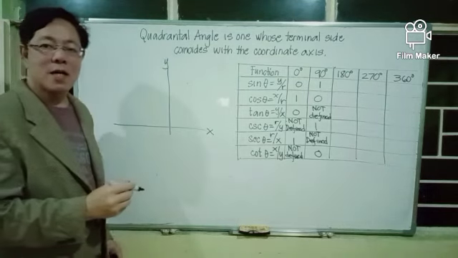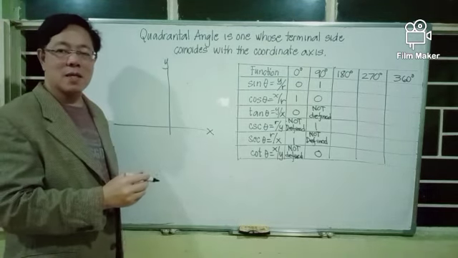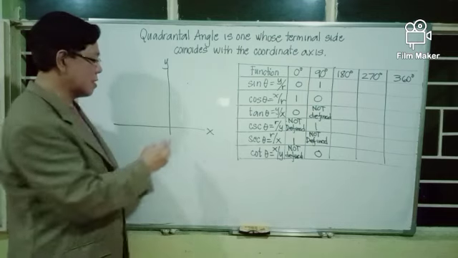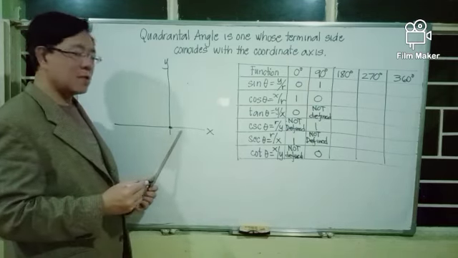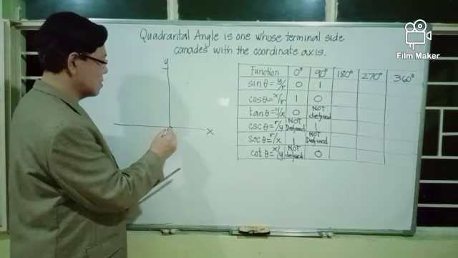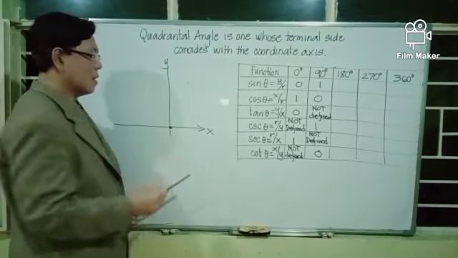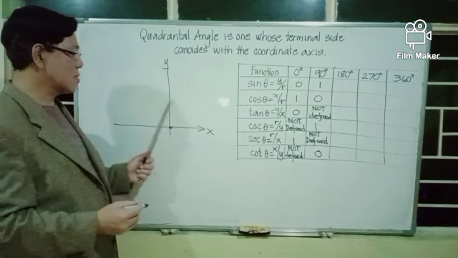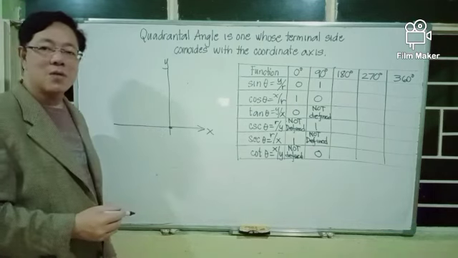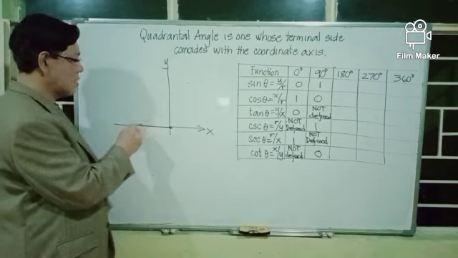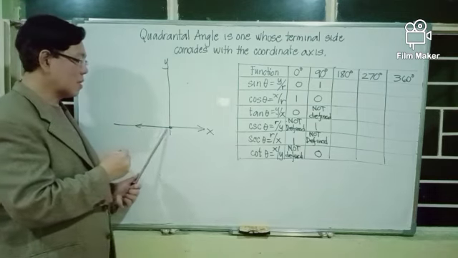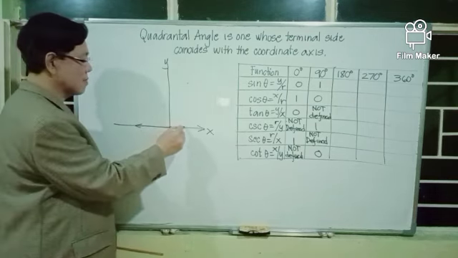The vertex of 180 degrees in standard position is at the origin. The initial side is on the positive x-axis. And from the positive x-axis, we measure 180 in counterclockwise direction. And the terminal side of 180 coincides with the negative x-axis.